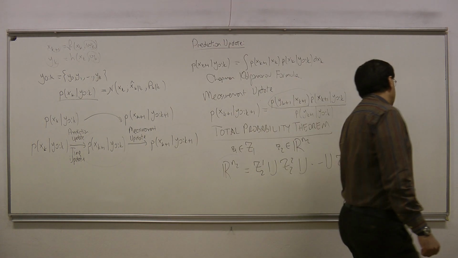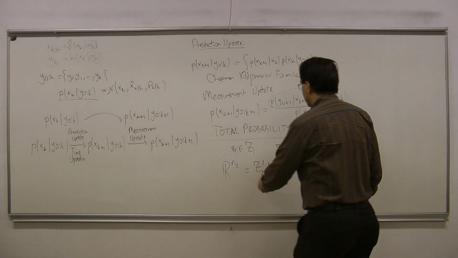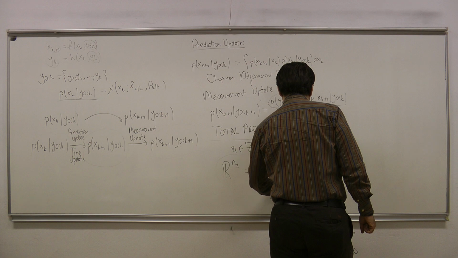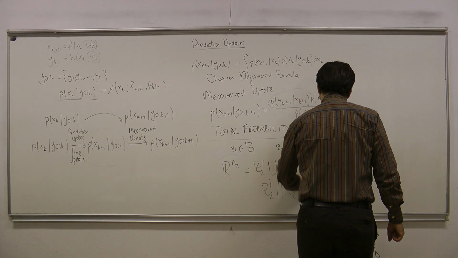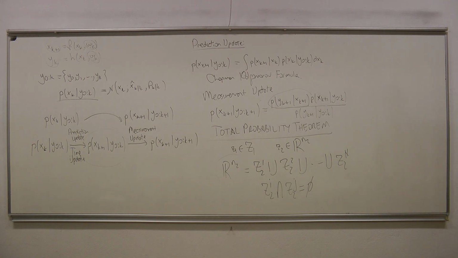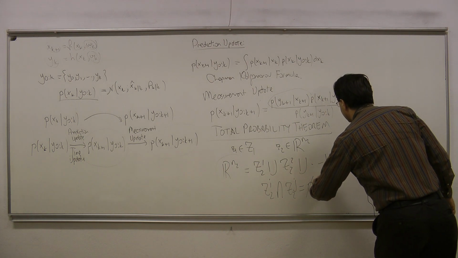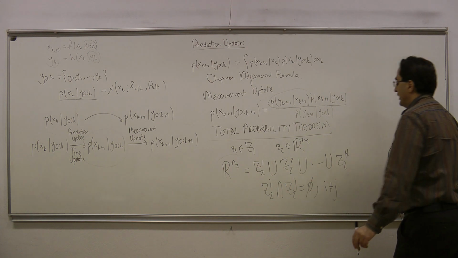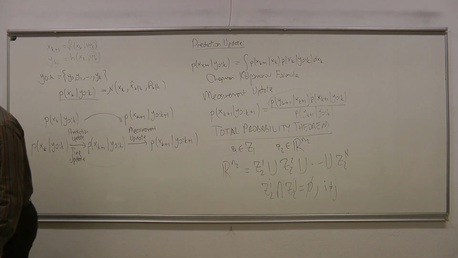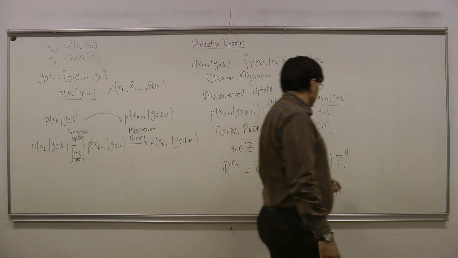And suppose that these subsets are also mutually disjoint. So I'm assuming that Z2i intersection Z2j is equal to the empty set. Okay. So what does this give us? This is true when i is not equal to j, of course. Otherwise, the intersection would not be the empty set. So I have disjoint subsets here.